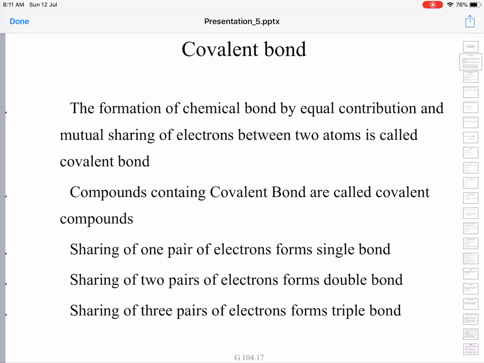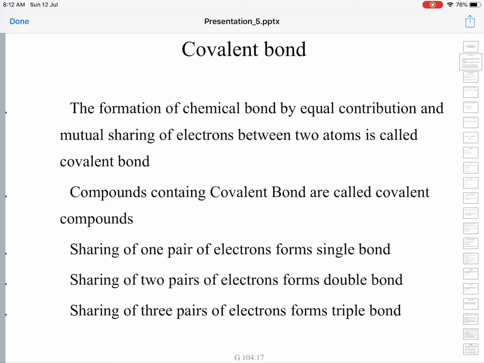The formation of chemical bond by equal contribution and mutual sharing of electrons between two atoms is called a covalent bond. Contribution may be equal, sometimes sharing may not be equal, we will come to that a little later, but both the atoms contribute equally the number of electrons for the bond formation. Okay.